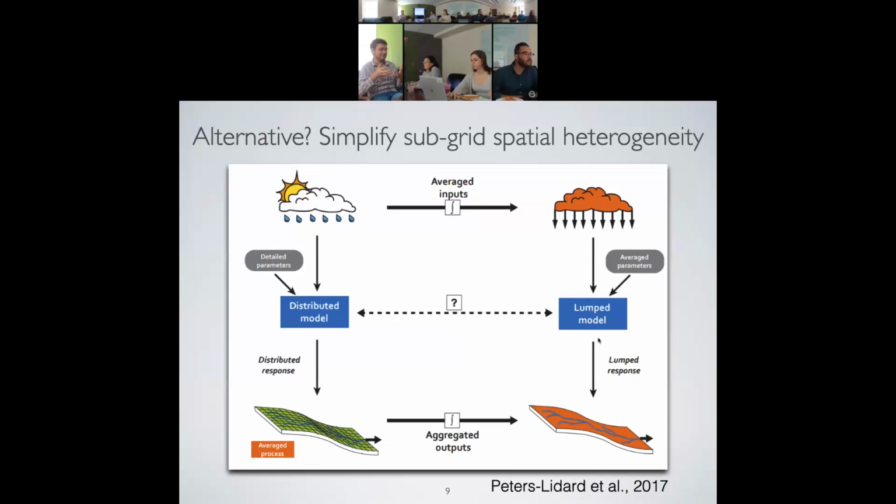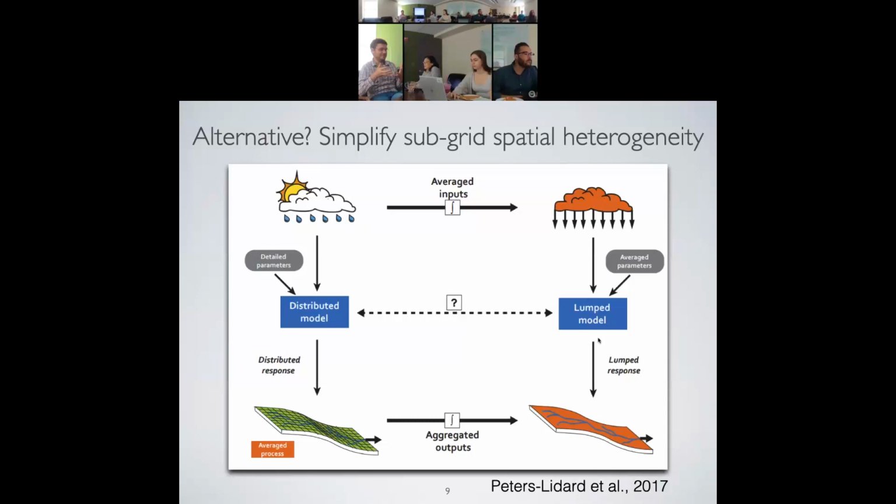And it shows nicely this idea that one extreme is distributed models. This is the idea that every pixel in, say, a 10 meter, 30 meter, or 100 meter distributed model has its own properties, and you effectively solve each pixel. And then the other extreme is the lumped.